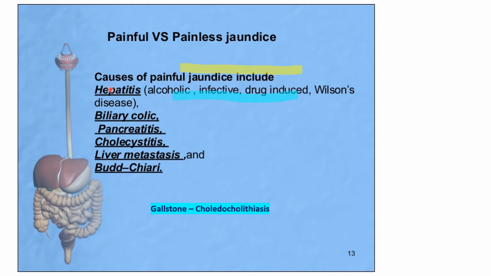Other causes are hepatitis, liver metastasis, secondaries from elsewhere, and Budd-Chiari syndrome, or obstruction of the post-hepatic veins, giving rise to congestion of the liver. But the most common is related to gallstone: biliary colic, pancreatitis, cholecystitis, and cholangitis.